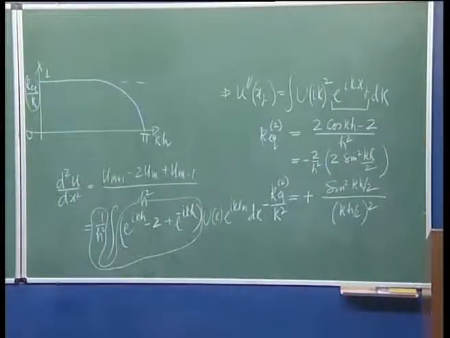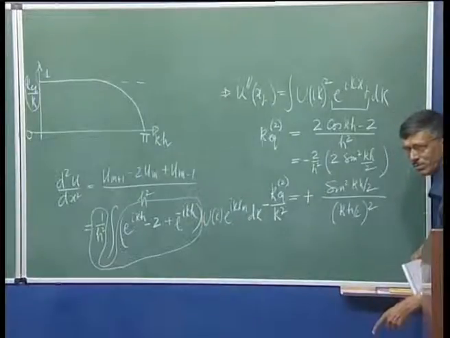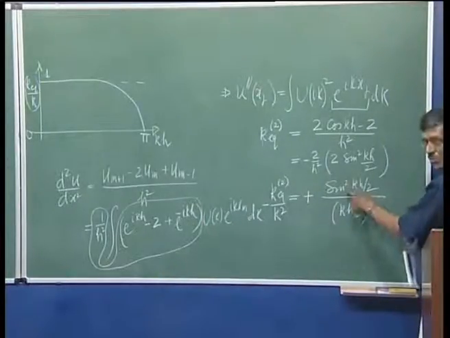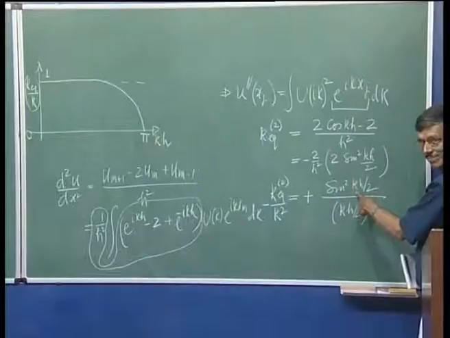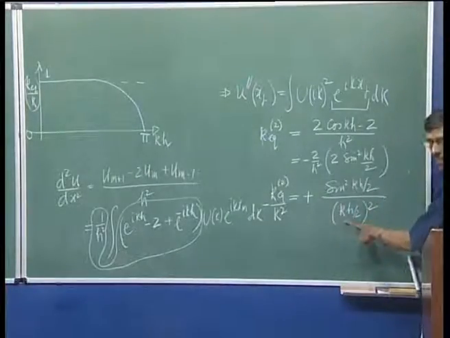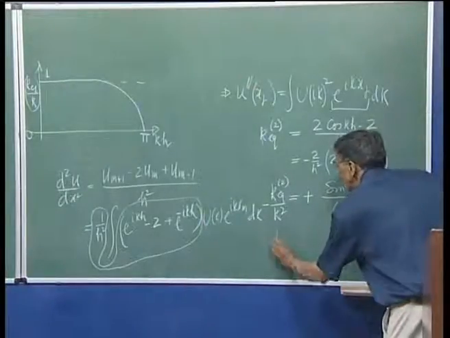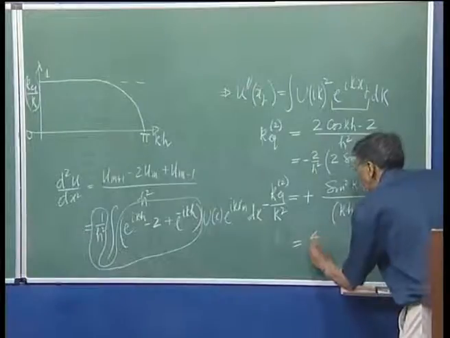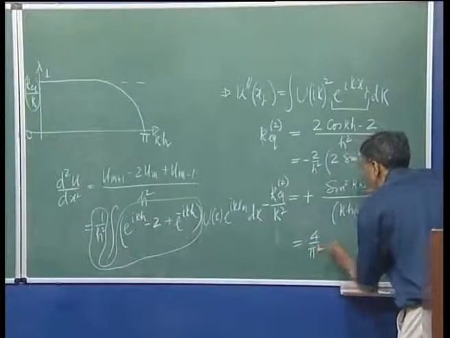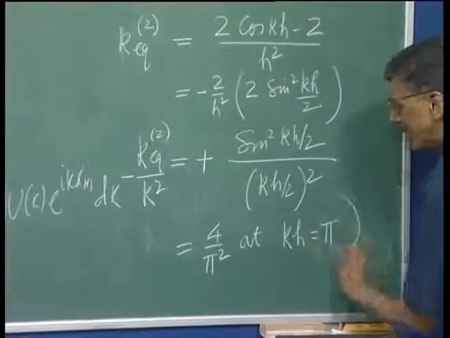So, you see what happens at the limit k h equal to pi. This becomes 1, right, and this is pi by 2. So, I will get this equal to 4 by pi square at k h equal to pi.